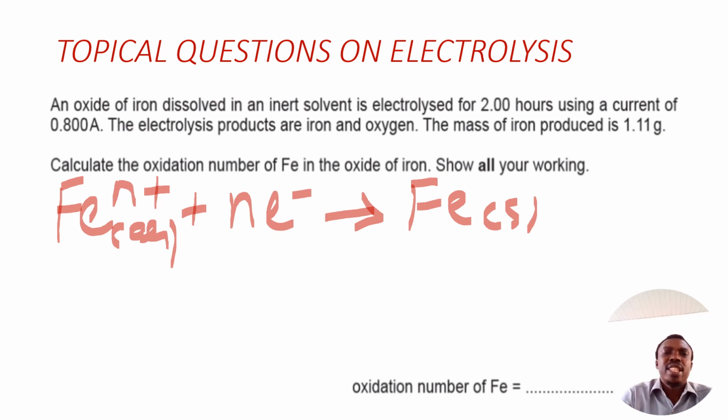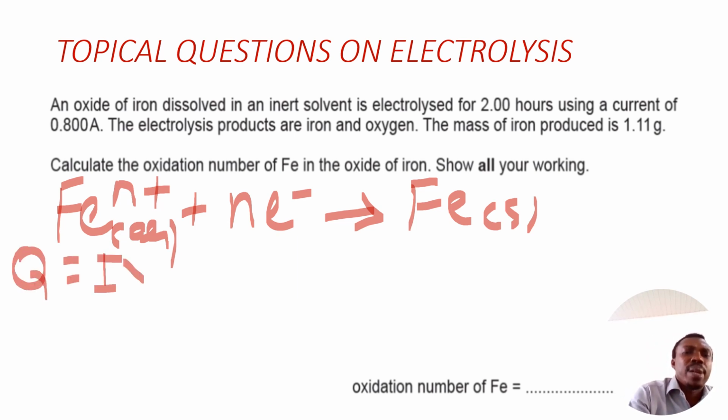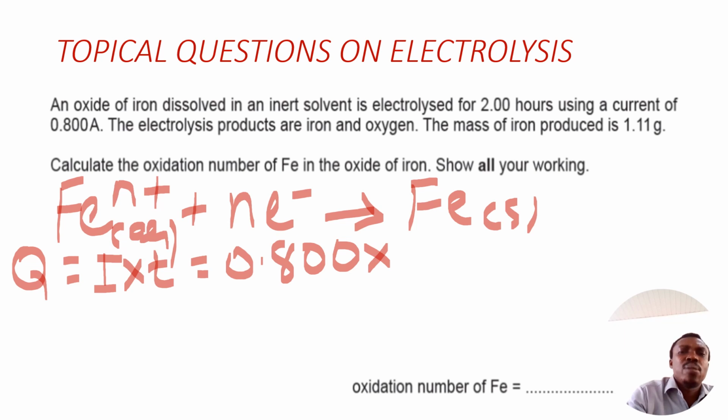So the next thing to do is, a current of 0.800 ampere was passed for 2 hours. So calculate the quantity of electricity that passes through. Quantity of electricity is equal to the current multiplied by the time. The current is 0.800 multiplied by the time, which is 2 times 60 times 60.